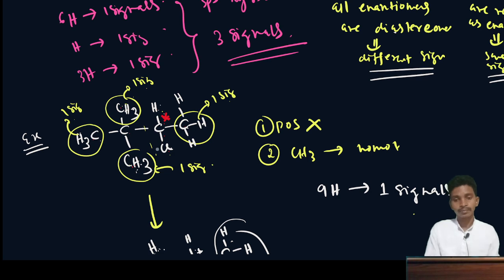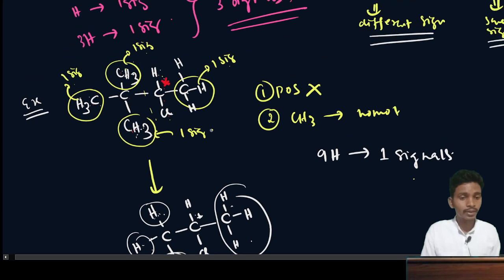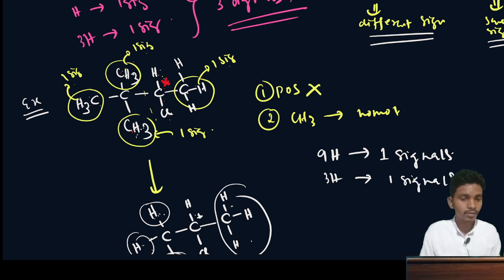Because this gets one signal, this gets one signal. Again this looks like homotopic. Homotopic means we will get the same signal. So for the 9H we will get one signal, for this 3H we will get one signal, and for this H we will get one signal.